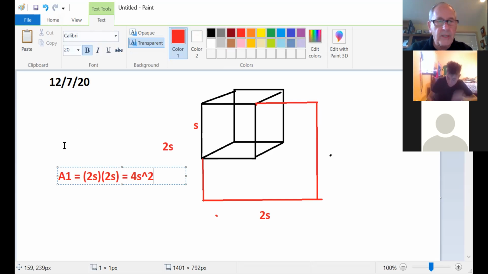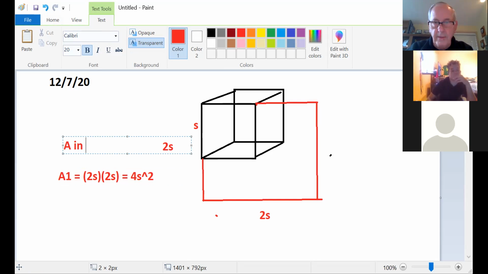Area initially would just be S times S, S squared. So the difference is 4, not 2.